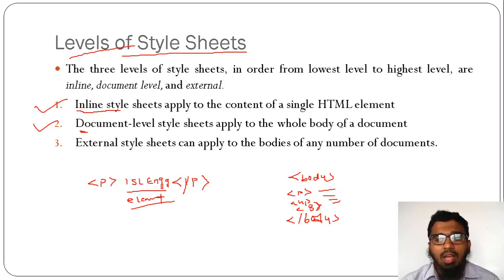And an external style sheet can apply to the bodies of any number of documents. If you have an external one, the same style can be applied to any number of documents. We will see one by one.